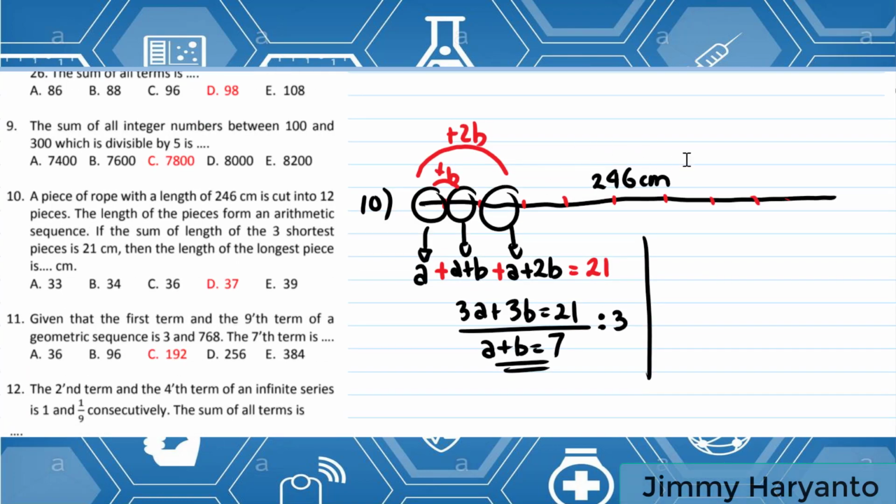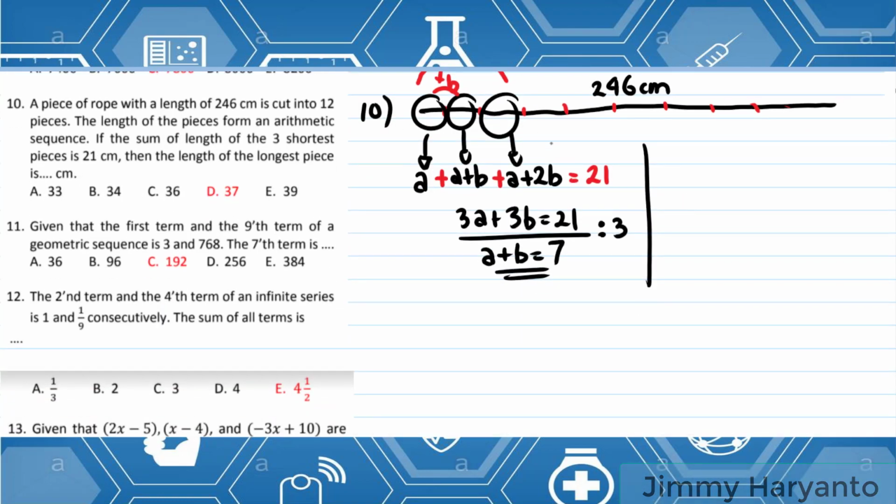The second one, I will get it from here, 246. 246 is the length of the first rope, right? Before it was cut. So I can say S12 equals 246, because we cut it into 12 pieces. S12 is 12 over 2. The formula is n over 2 in the bracket 2a plus n minus 1, 12 minus 1 times b.